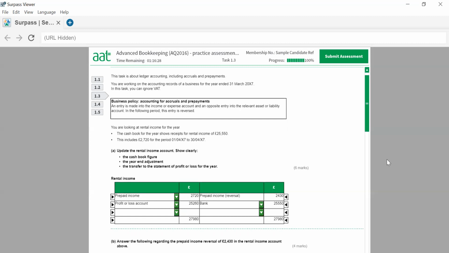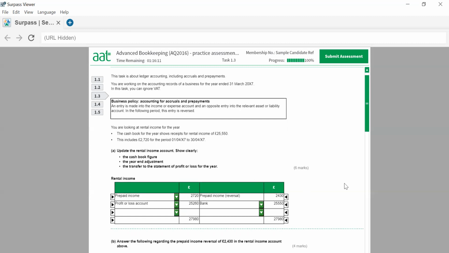So at the end of the year, you would have had this prepaid income account on the credit side. To close it, we would debit the prepaid income and then credit the rental income account. That's all this is.